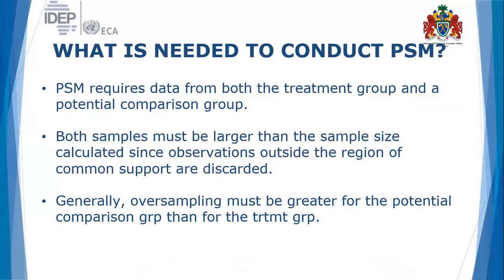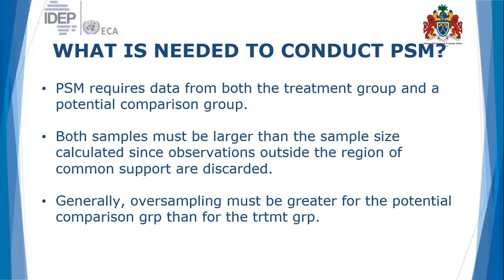Then what is needed to conduct propensity score matching? Number one, propensity score matching requires data from both the treatment group and the potential comparison group. Number two, both samples must be larger than the sample size calculated, since some observations, especially those outside the region of common support, are discarded.